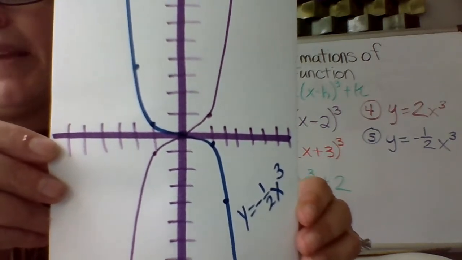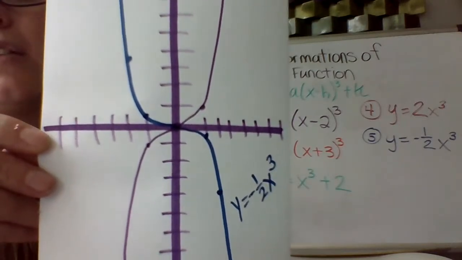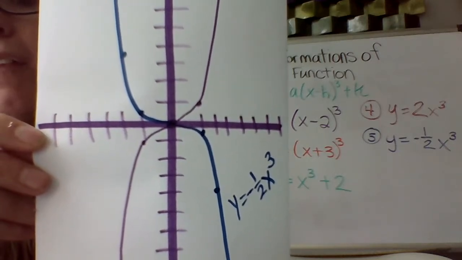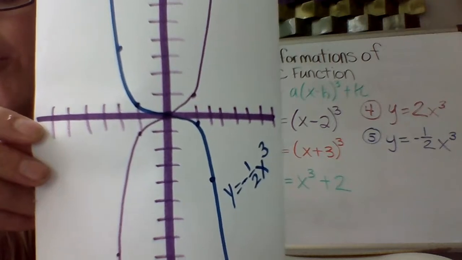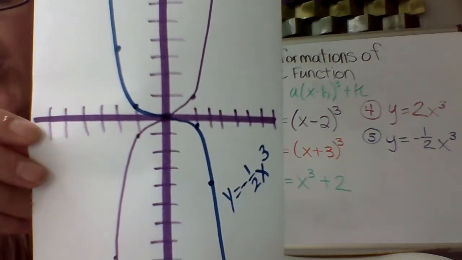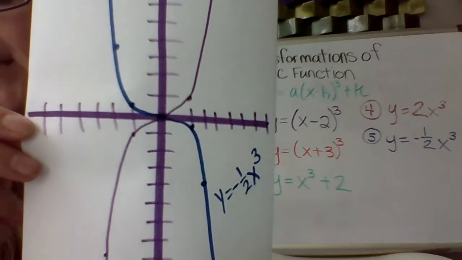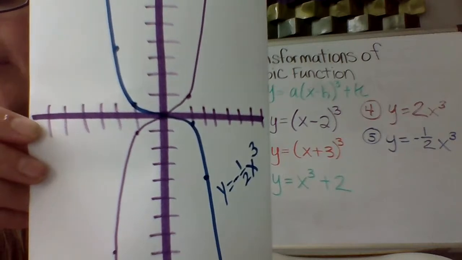Now it's negative because of the negative 1/2. But you'll notice the 4 is a lot less steep. So it is wider. Or we can call it a vertical compression or a horizontal stretch. Okay. So in this case, a vertical compression because it got wider.